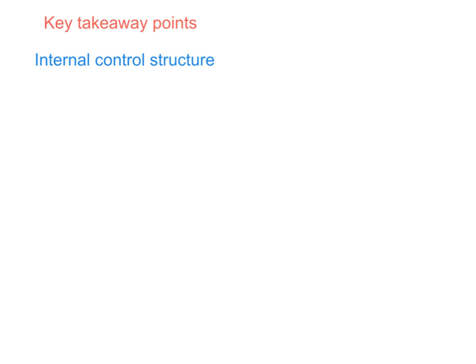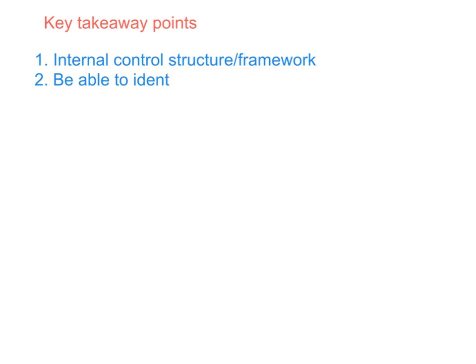So the first thing is I want you to understand the internal control structure. What are the 5 components of the internal control structure or framework? The second thing I want you to be able to do is to identify an internal control, and you can do that by looking at different scenarios.